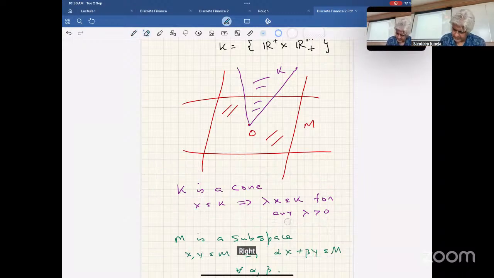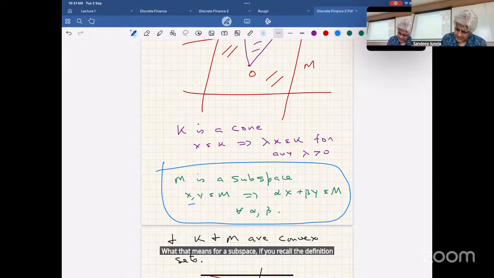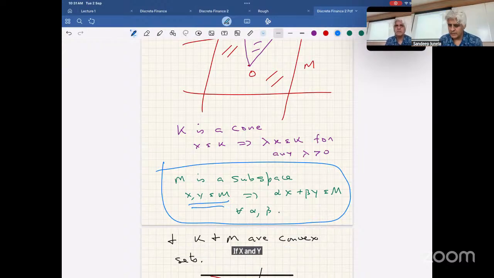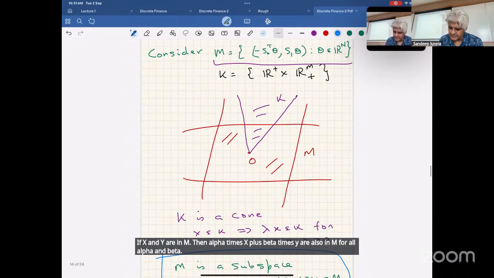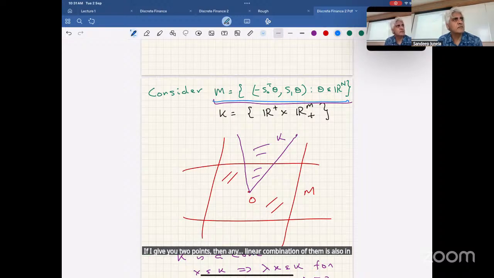That's the definition of a cone. And then M is a subspace. If you recall the definition, if X and Y are in M, then alpha times X plus beta times Y is also in M for all alpha and beta. You can see this is going to be true. If I give you 2 points, then any linear combination of them is also in that space. All right.